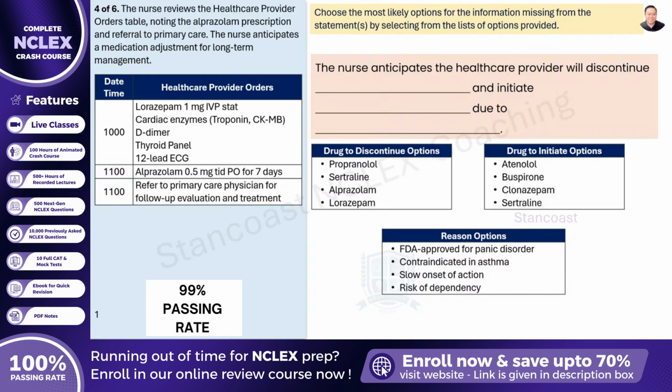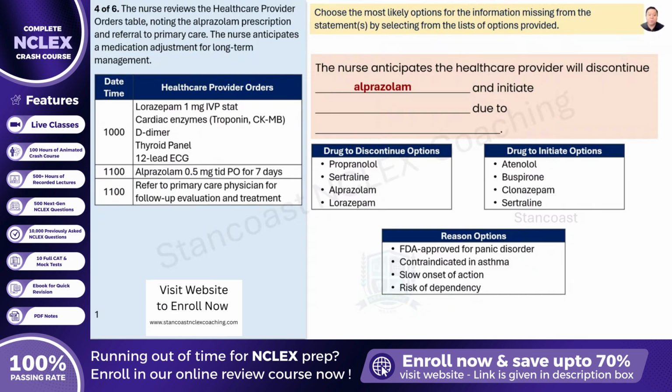All right, what do you think would best fit the first blank? It says the nurse anticipates the healthcare provider will discontinue. The answer here is alprazolam, because this is a short-acting benzodiazepine that works fast by enhancing the calming neurotransmitter GABA, which temporarily calms anxiety. Kind of sounds helpful, right? But the issue is that this medication is habit forming.